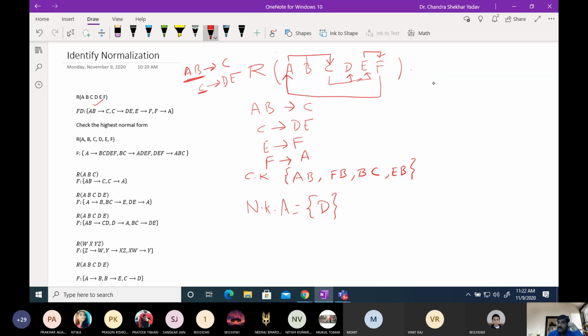Because a relation is said to be in third normal form, first condition, if and only if it is in second normal form. And in second normal form, there should not be any partial functional dependencies. So if relation R is in third normal form, then there should not be any partial functional dependency and there should not be any transitive dependency. Did you get it?